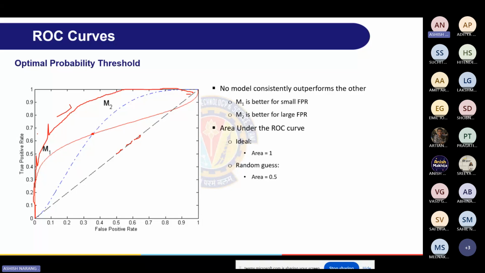Now, when I talk about M2, let me take an example of fraud detection. I'm saying higher false positive rate. This might make you wonder: why would we want a higher false positive rate? Why should I do that? What might happen is we can tolerate some false positives, some false alarms.